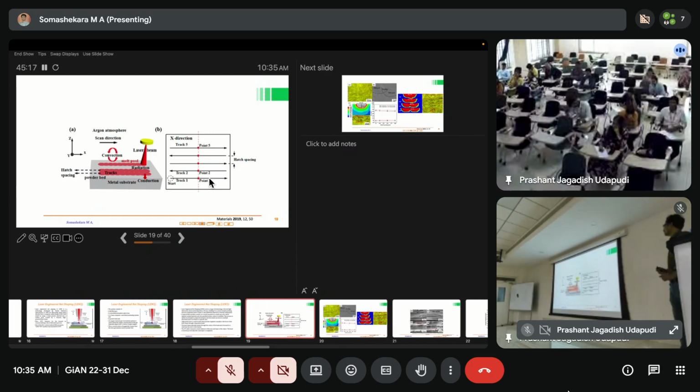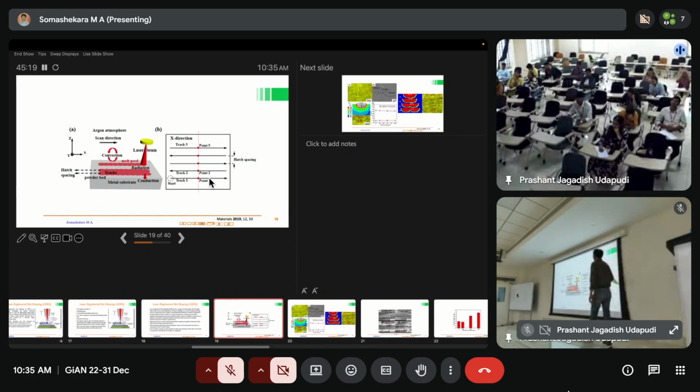So what is the major factor when it comes to the technology? It is how much you are overlapping the tracks. Think about this: this is the first layer, and then you have the second layer, and what is the spacing between these layers?